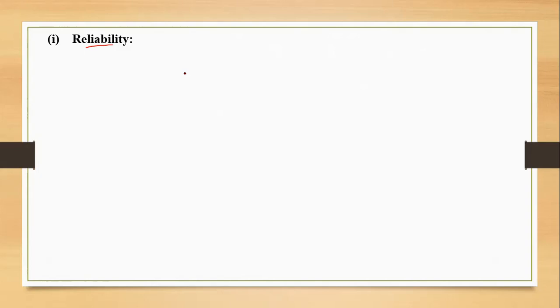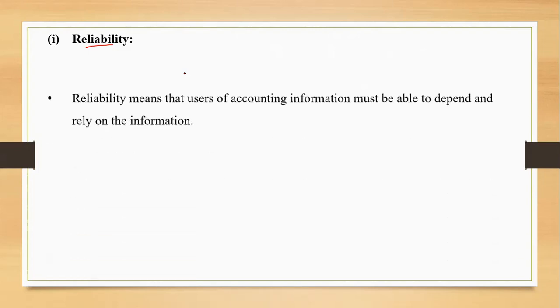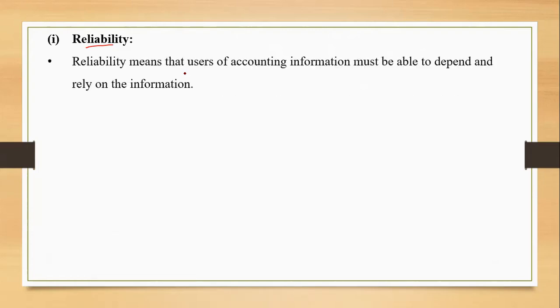To be free from the personal biasness of the owner, the accountant has to ensure that when he is writing something into the books of accounts, that information has to be well supported by the documentary evidence in the form of source documents, or it may be the vouchers. So it has to be ensured so that the information is reliable.